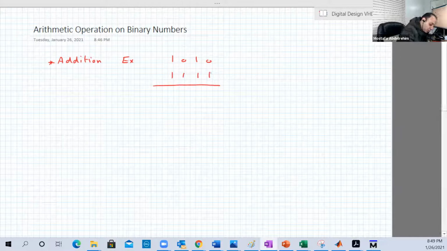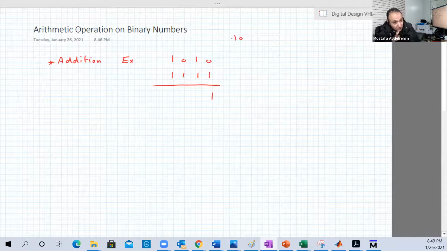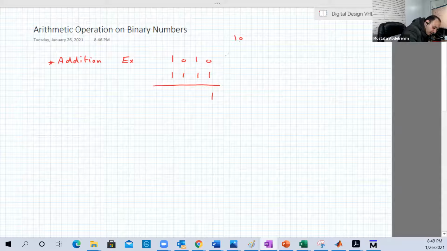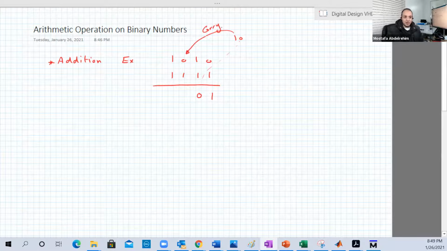So 0 plus 1 is 1. 1 plus 1 is 2, which is 10 in binary. It's 2 digits, not 1 digit. So we add the 0 in the final number, then take the 1 as a carry. Exactly what we were doing in decimal numbers.